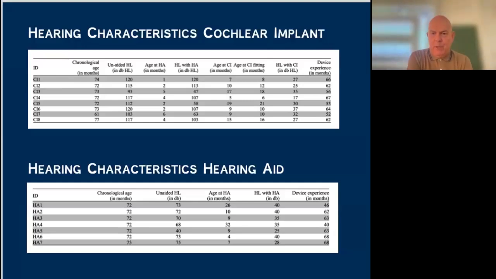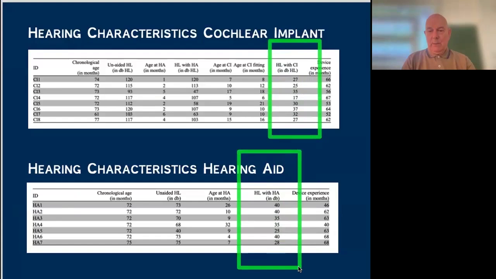But even after fitting with a CI, I think I'm looking at the right column here, there's still some mild hearing loss in clinical terms, and in the children with a conventional hearing aid, the hearing loss is still mild, but at a slightly different level than the children with CI.